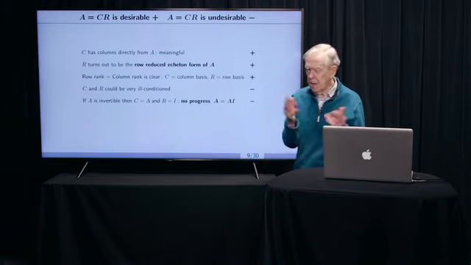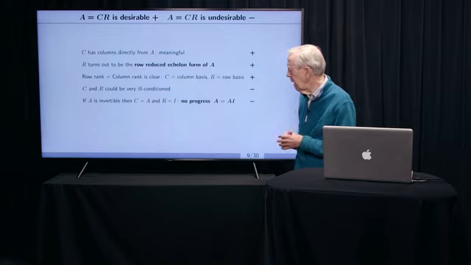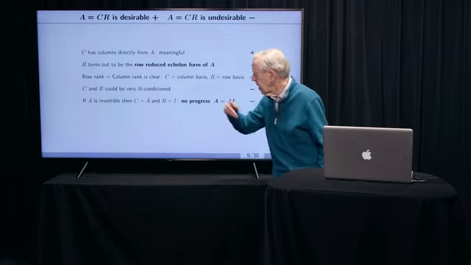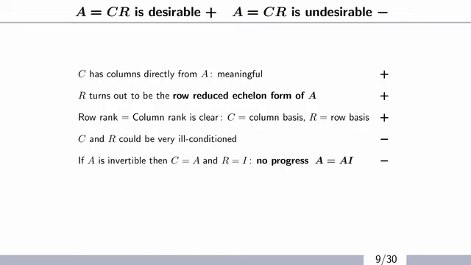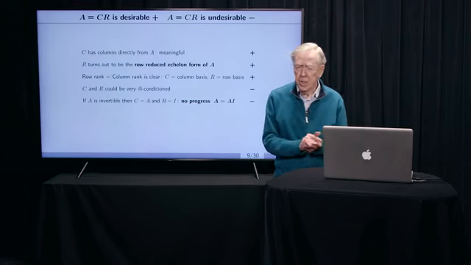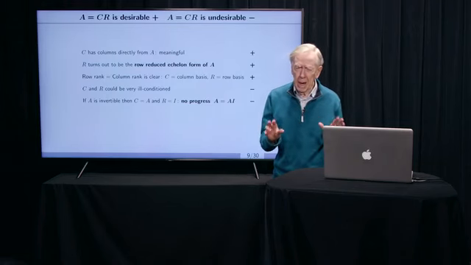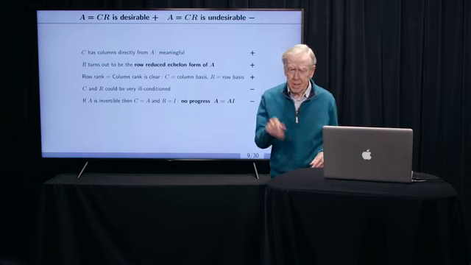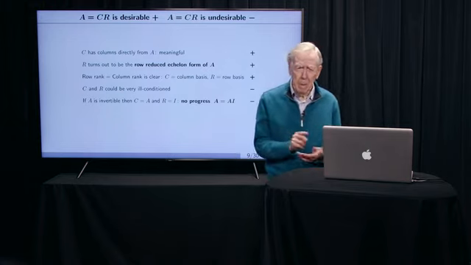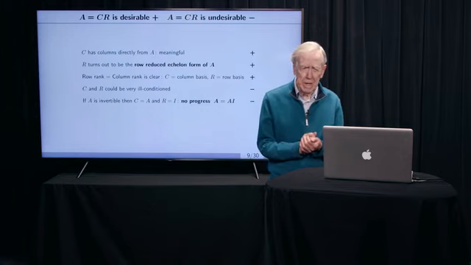We can solve AX equals B all the time. But then if all the columns are independent, then our matrix C is just the same as A. We didn't get anywhere. And R would be the identity matrix, like a 1, because A equals C. So this is the starting point, picking out the independent columns, but not the end, of course. And I'll stop here and pick up on the next factorization right away. Thanks.